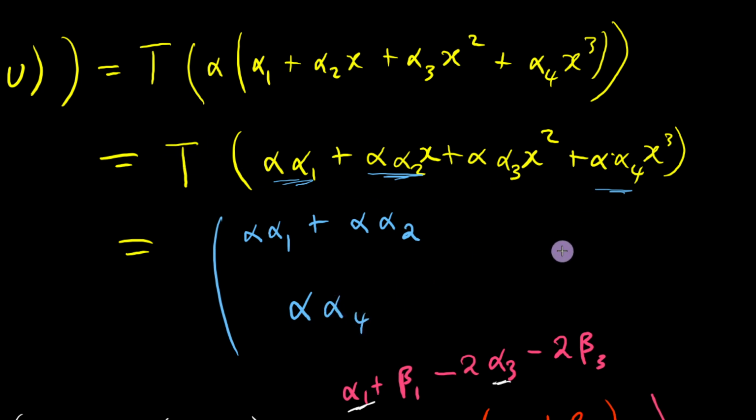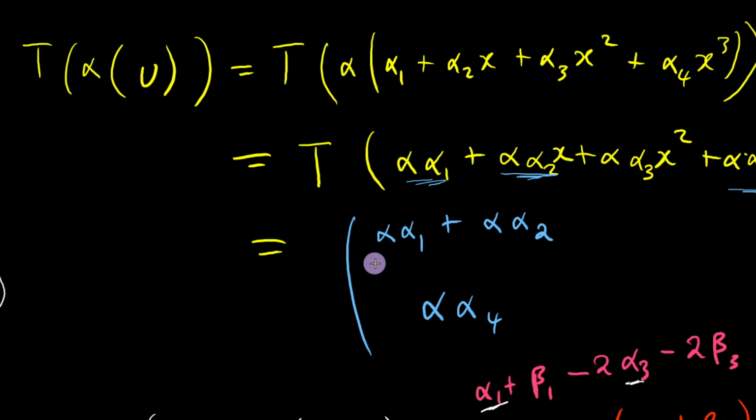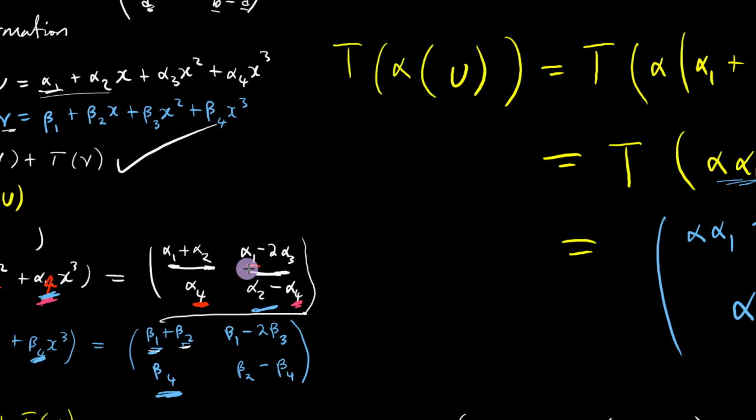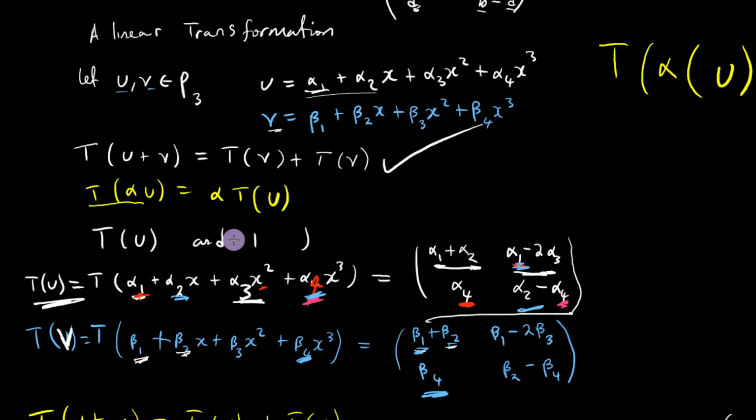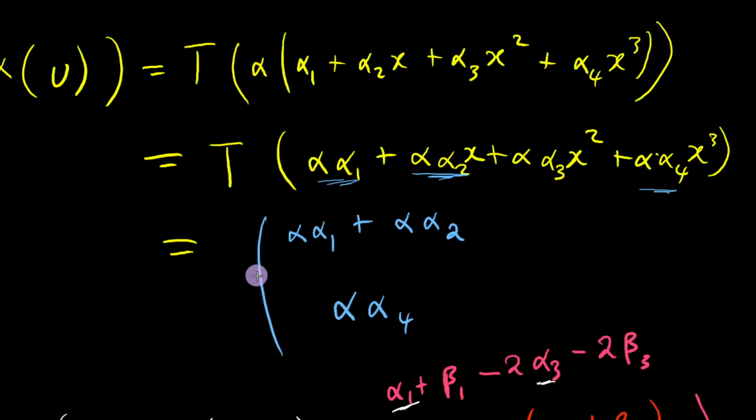Okay, then we need two more entries. The entry here is the constant, like this. So the constant minus 2 times the coefficient of x to the power 2. So the constant, which is alpha 1 in this case, minus 2 times the coefficient of x to the power 2, which is alpha 3.